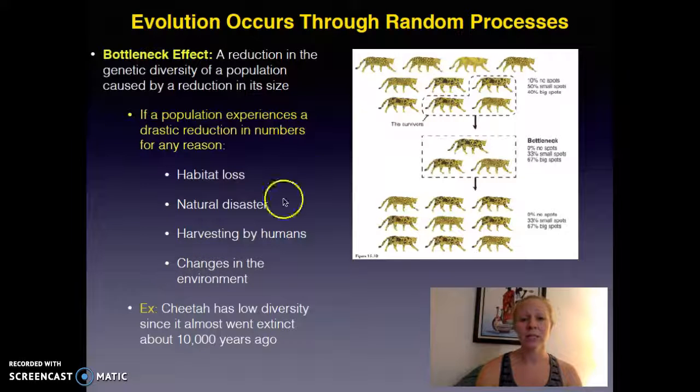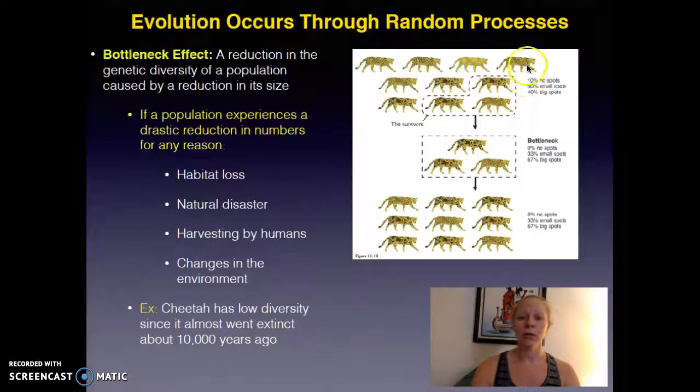The cheetah is famously known for having low genetic diversity. About 10,000 years ago, for some reason, its population is hypothesized to have been as small as a dozen or even fewer cheetahs, and so it has a bottleneck.